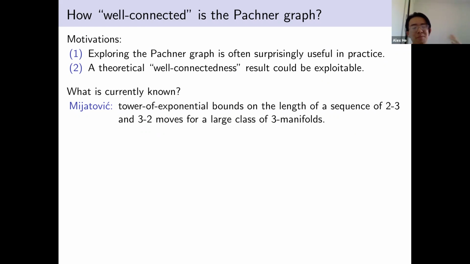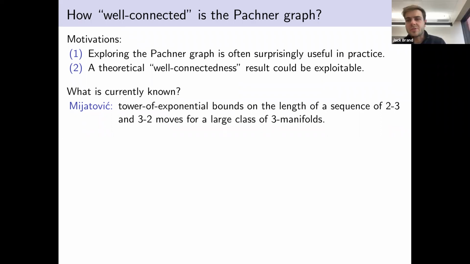So it's going to be worse than Mijatović's bounds. Probably that's not an optimal bound, but that's the best I can give you at this point. I don't have a better way of finding bounds other than piggybacking off Mijatović.